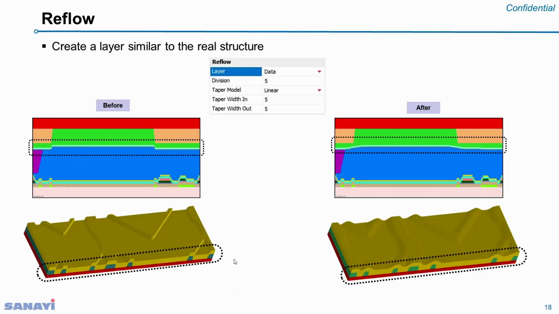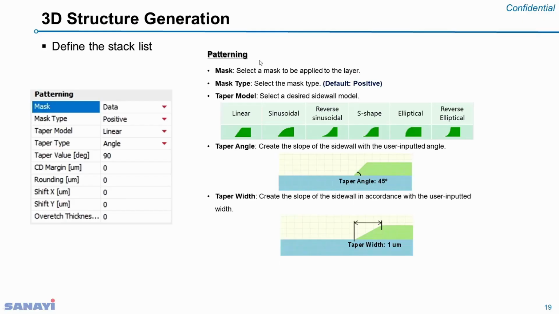The reflow function is used when you want to generate a more realistic 3D structure. Comparing the structures from the side, the difference can be clearly identified. And then in the patterning property, define the mask for the layer. Select the particular mask and mask type.